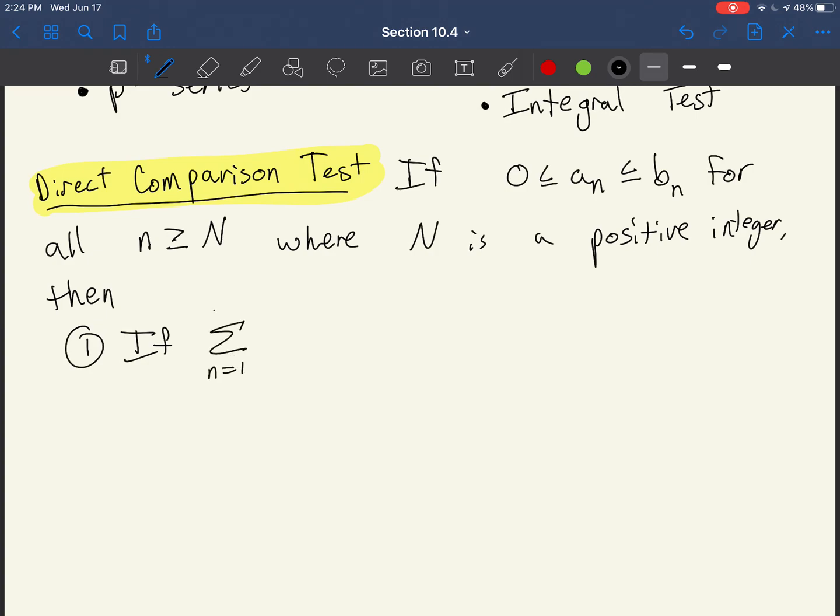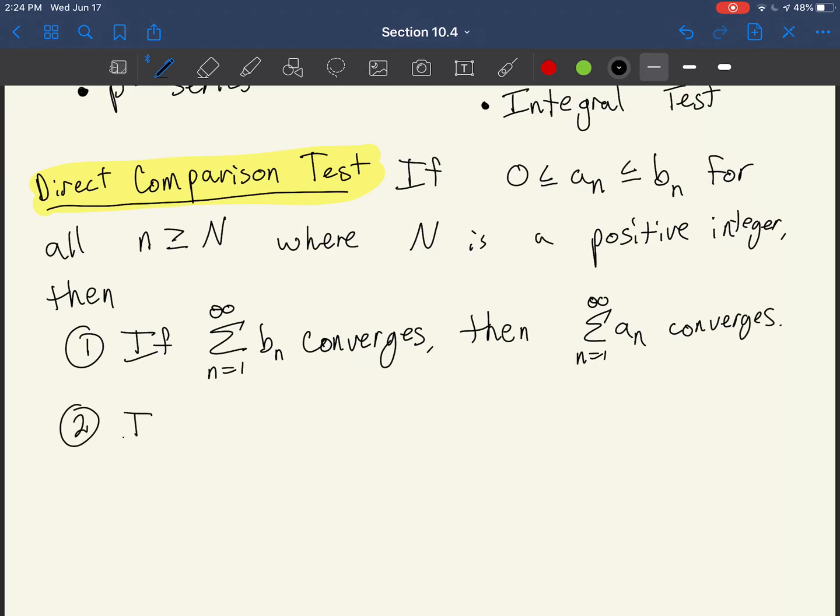One, if the summation from n equals 1 to infinity of bn converges, then the summation from n equals 1 to infinity of an also converges. And two, you have the opposite.